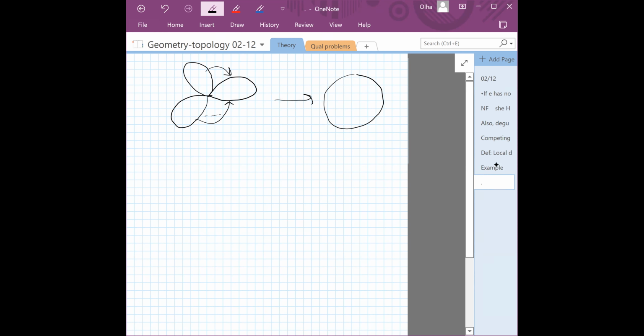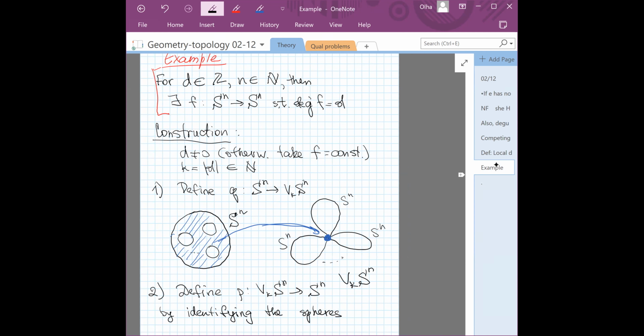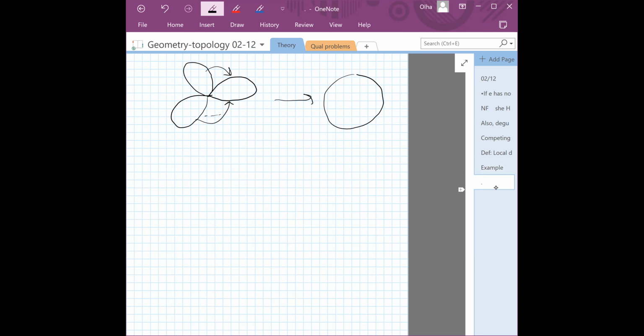Now we define f to be the composition of p and q.